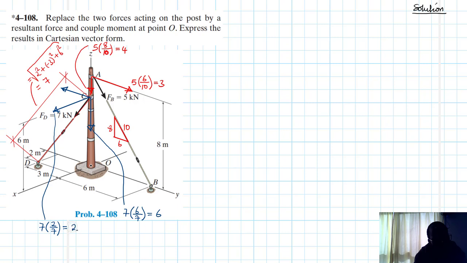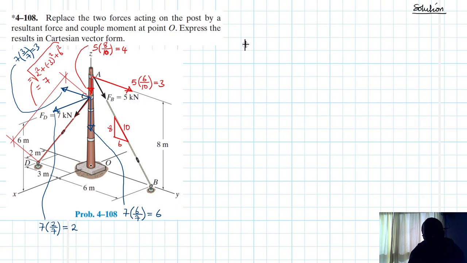This is equal to 2. And then we have this one, which is equal to 7 times component in the y, which is a 3 divided by 7. This is going to be equal to 3. Great. So we have everything.